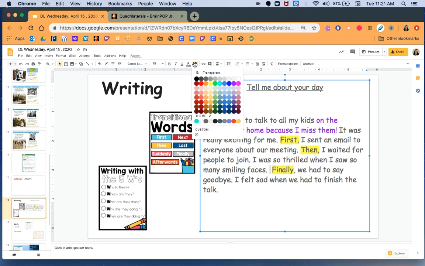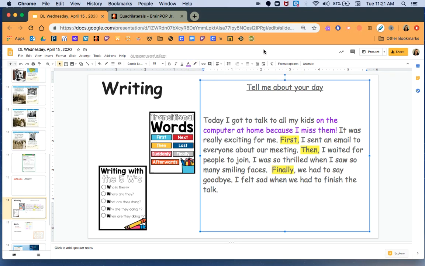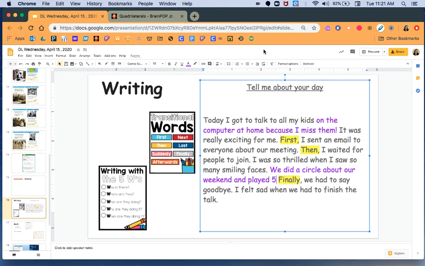That would be a good detail I could put in here. We did a circle about our weekend, and, there's another connecting word, and played 5 seconds. Finally, we had to say goodbye. I felt sad when we had to finish the talk.